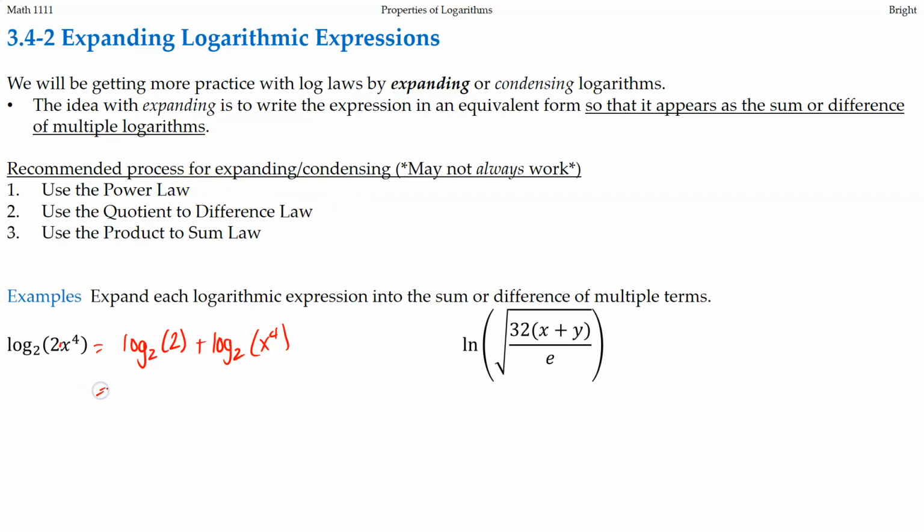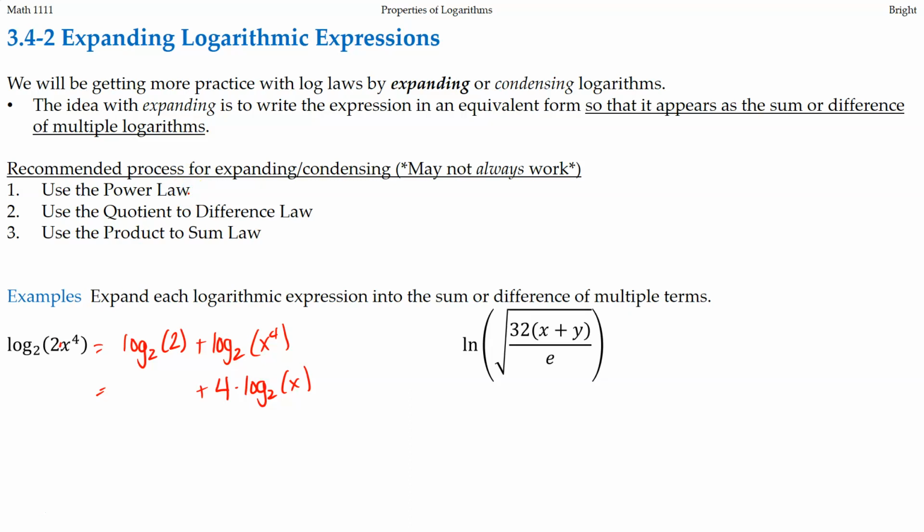So power law. Is there an exponent present? In the first term, no. In the second one, yes, because now I've separated it so that the 4 is on everything inside the logarithm. So I'm going to write the second piece as 4 times log base 2 of x. Are there any other exponents? Nope.